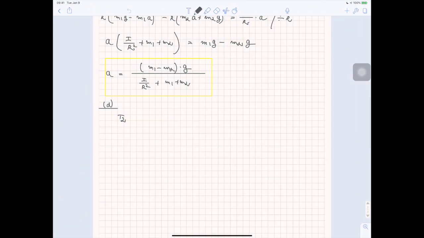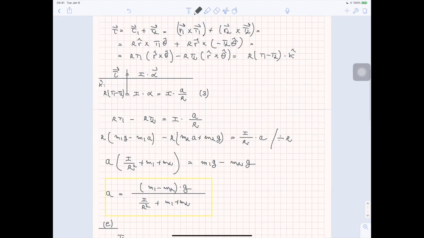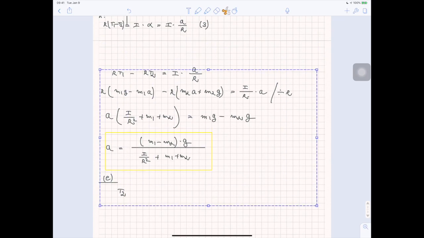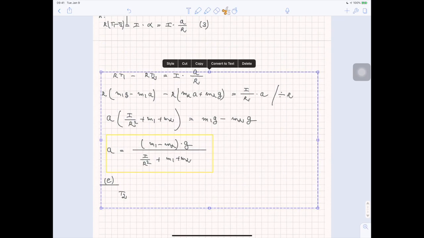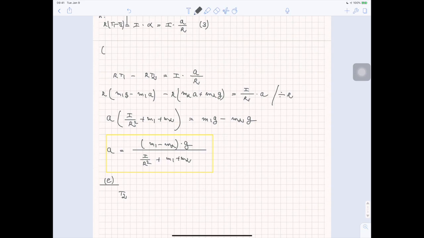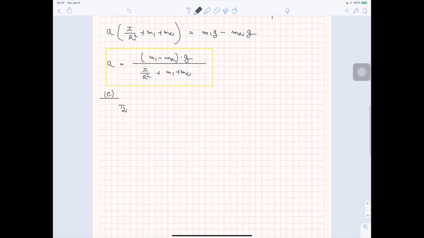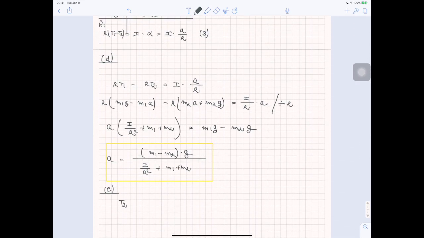So this here is actually E. And this here was in fact part D. Let me just move this all down a little bit. So this here was in fact part D. And part C was this part here, setting up the equation of motion.